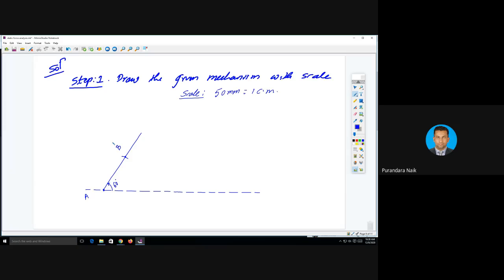Manjunath R, is there? Yes, sir. Copied? Yes, sir. Do you have drawing instruments? Yes, sir. Okay, very good. Advait Menon, drawing or not?